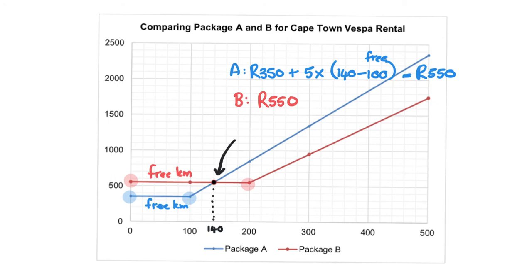And therefore at 140 kilometers, it would cost 550 Rand on both packages. Before this point, package A is cheaper, and after this point, package B is cheaper. So if you are asked any questions along those lines, please make sure that you interpret it carefully and express when each package would be cheaper.